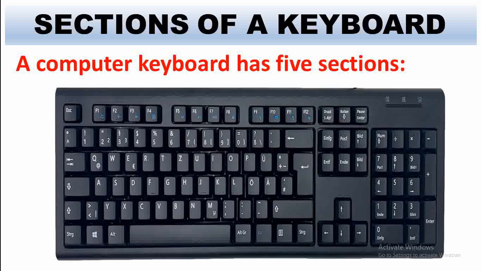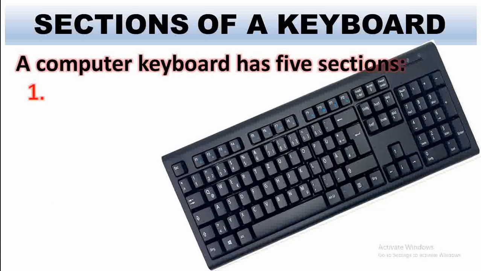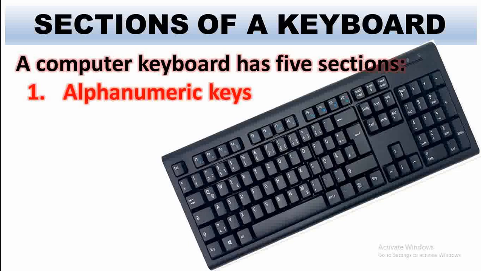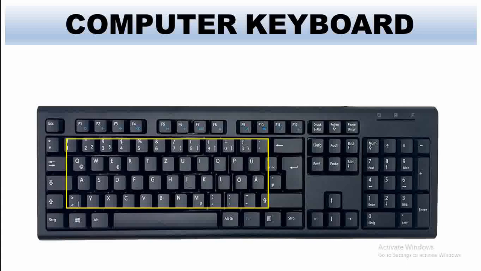The first one is called alphanumeric keys. Alpha from the word alphabet, numeric from the word number, which means if we are talking about alphanumeric, we are talking about that section that has both alphabet and number. And which section is that one? If you look at that section, you can see we have 1 2 3 4 5 6 7 8 9 0 at the top.